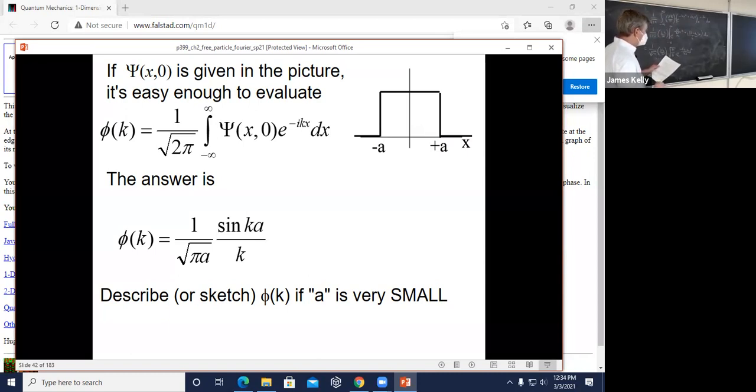Okay, so that's phi of k. And I guess I can cancel out that root pi against this root pi. I can simplify a few things there, like I think this ends up being root 2 over lambda. No, I could even simplify it more than that.